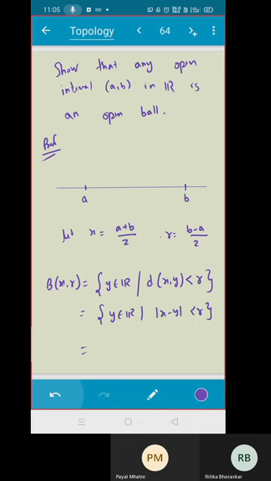What is the condition on y? Do you agree this is the same as (a, b)? Look at the set, put the value of x and r. Where does y lie? Is this set the same as (a, b)?